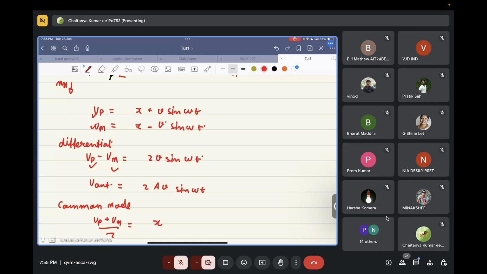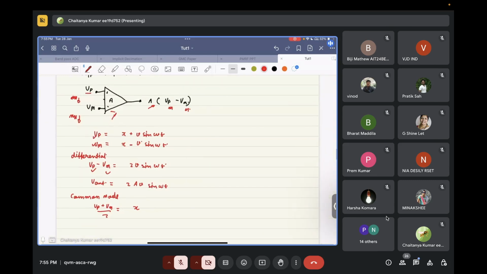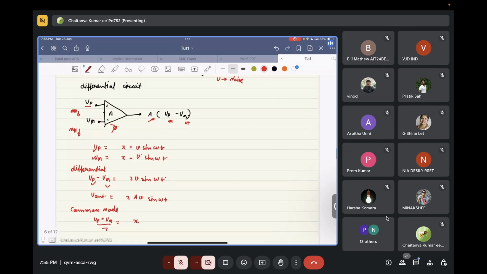Okay. Now, ideally, if this differential amplifier was ideal, in that case, should the output voltage have any component of X? You can see, right?